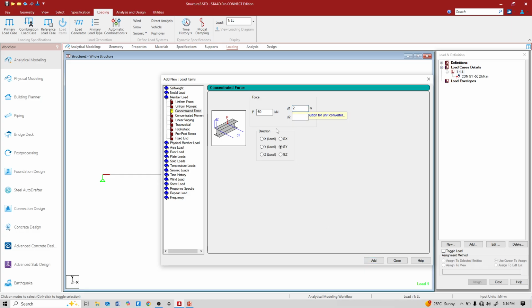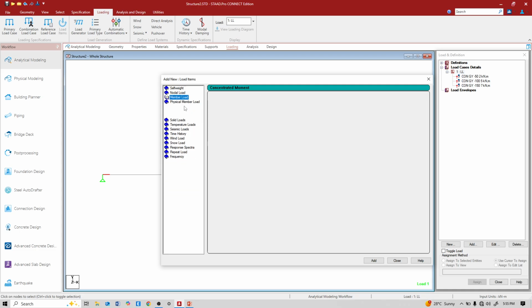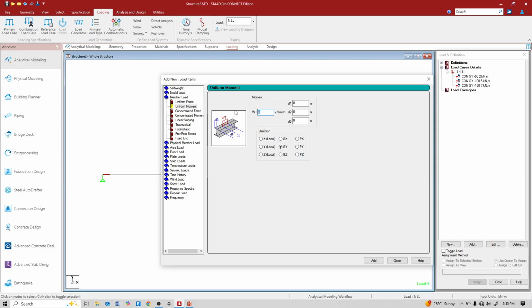So add another load, minus 100, and this load is 5 meter from point A. Third load is minus 150, and this load is 7 meter from point A. And one another load is uniform movement. It is minus 25, and it is throughout.